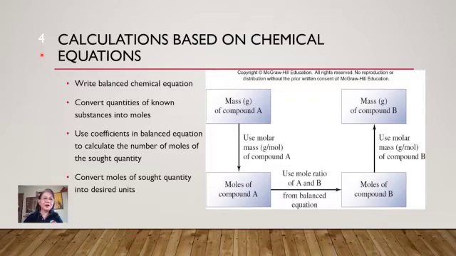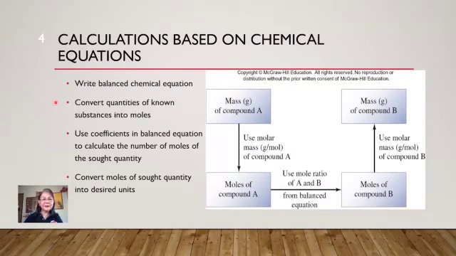If we are to abide by the law of conservation of mass, which is the law of nature, equations to be used in the calculations should be balanced. So the first step in solving reaction stoichiometry problems is to write the balanced chemical equation.